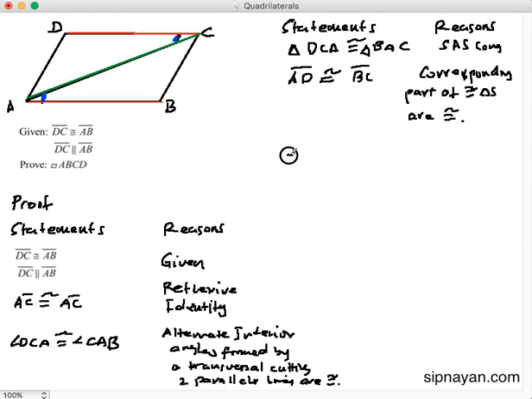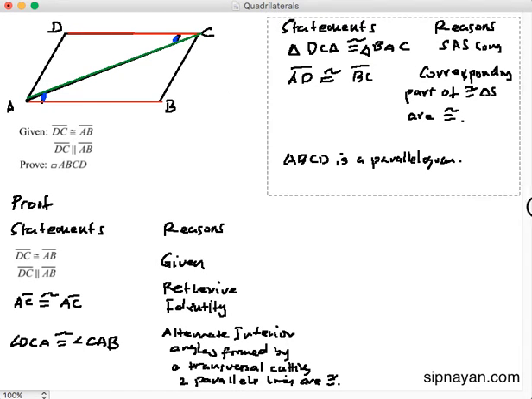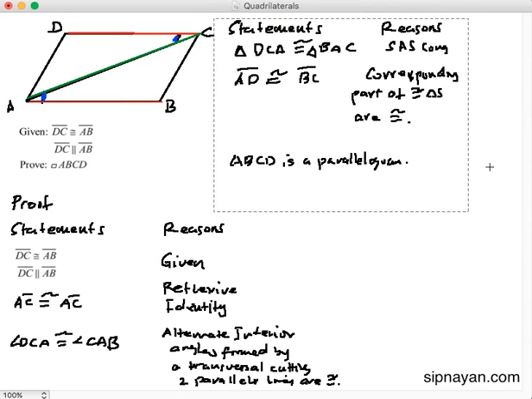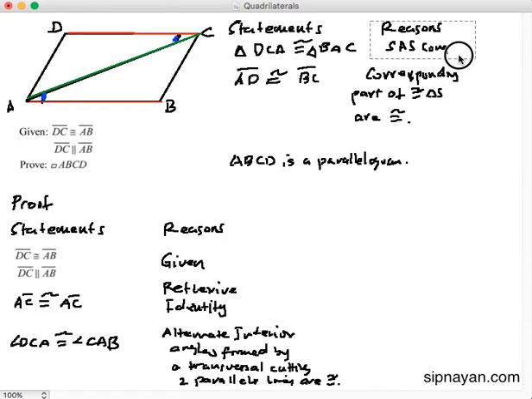Which means that ABCD is a parallelogram. Bakit? Bakit tayo nakapag-conclude na ganyan? Nakikita nyo ba? Bakit tayo nakakapag-conclude na parallelogram siya? Kasi meron tayong theorem na, ilagay ko muna yung reasons dito konti para meron tayong space.